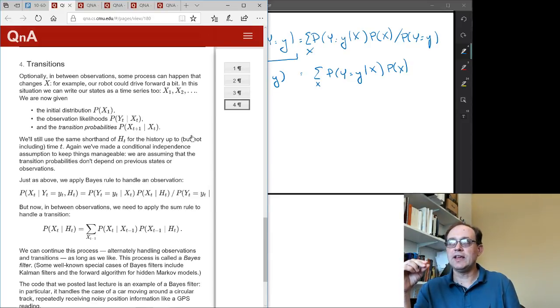And so we handle that by allowing for what are called transitions, which is to say that instead of one latent variable x, we have a sequence of them, x1, x2, and so forth. And between observations, there's some process that changes x potentially, and we have a conditional probability distribution that tells us what is the probability of xt plus 1 if we knew xt.